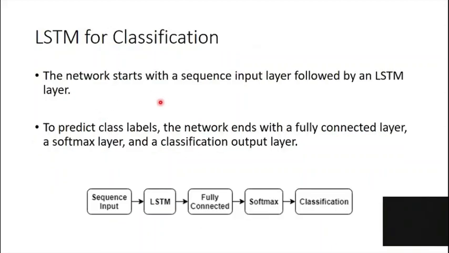Okay, we will have a look at how LSTM is arranged for classification purposes. So what you do is you give an input sequence. There is an LSTM layer which learns the dependencies. Then you have a fully connected layer followed by a softmax layer for classification purposes.